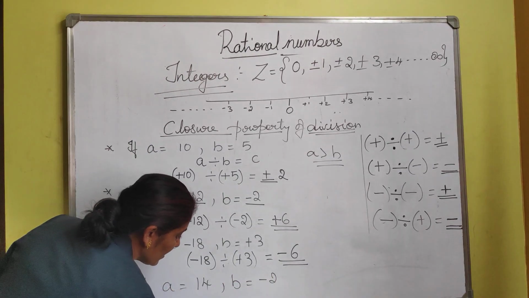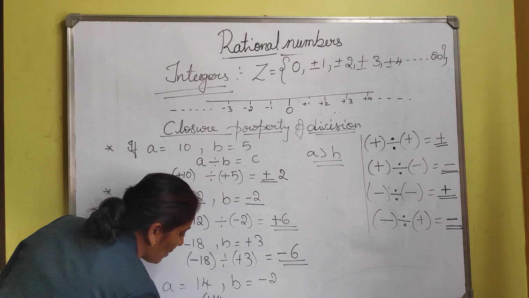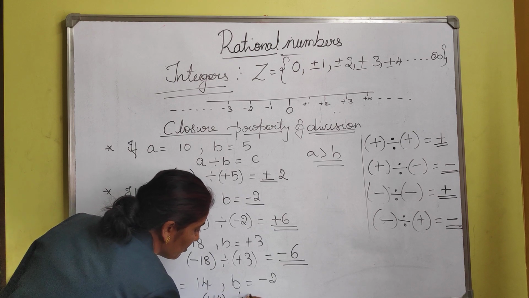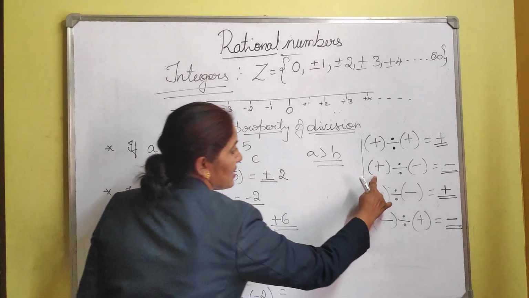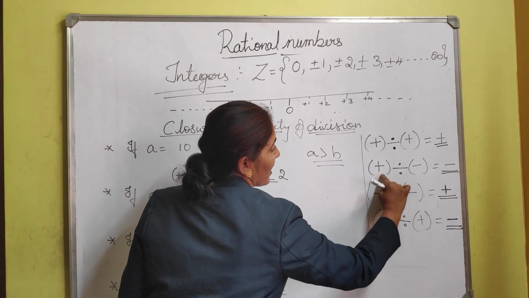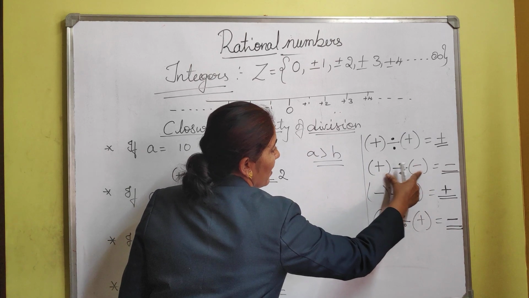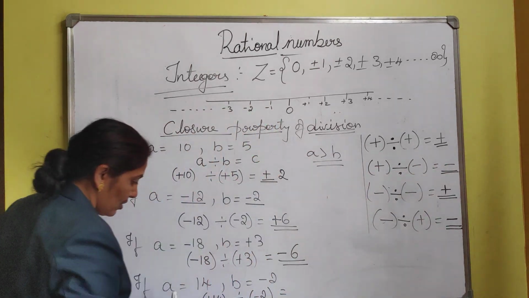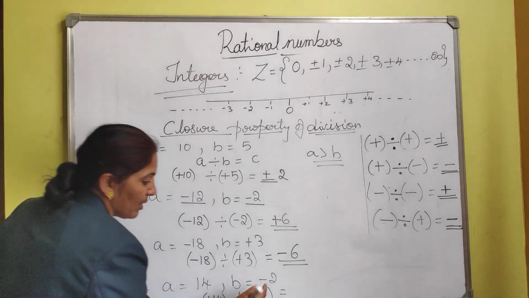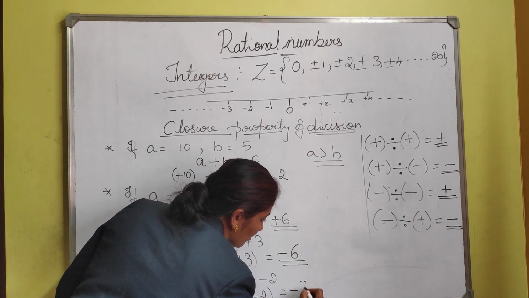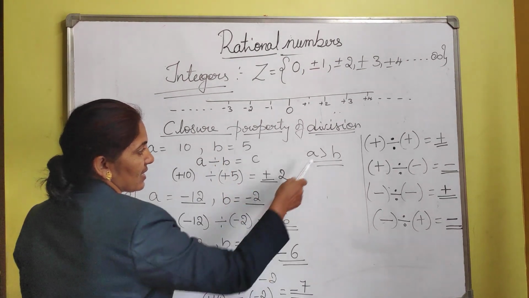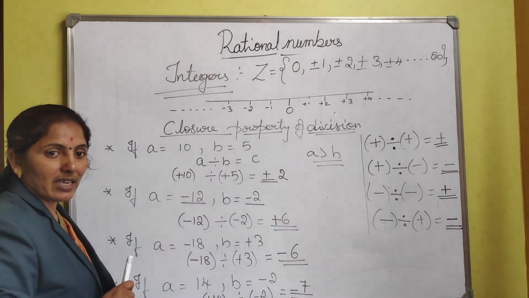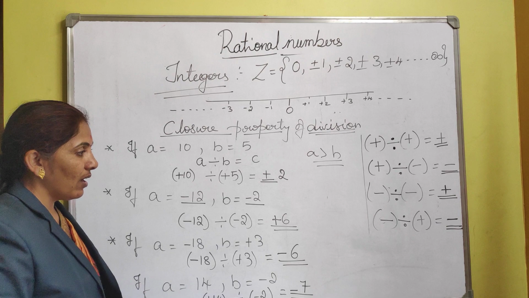When I divide this, I can write this as plus 14 divided by minus 2. Again we get plus and minus, unlike signs. When I divide them, I again get a negative. So 14 divided by minus 2 is equal to minus 7. You can observe here in all these cases A is greater than B.